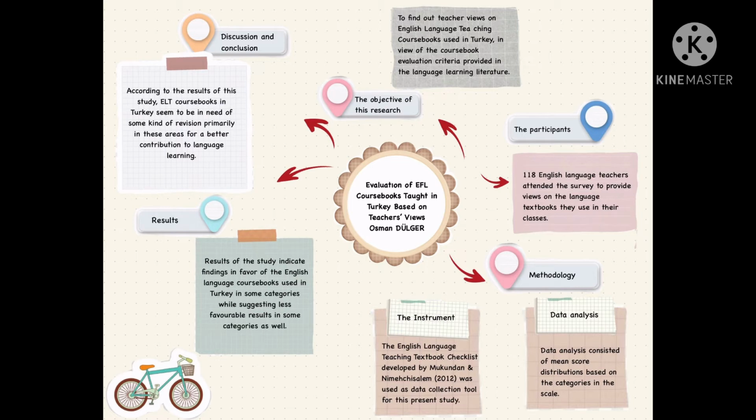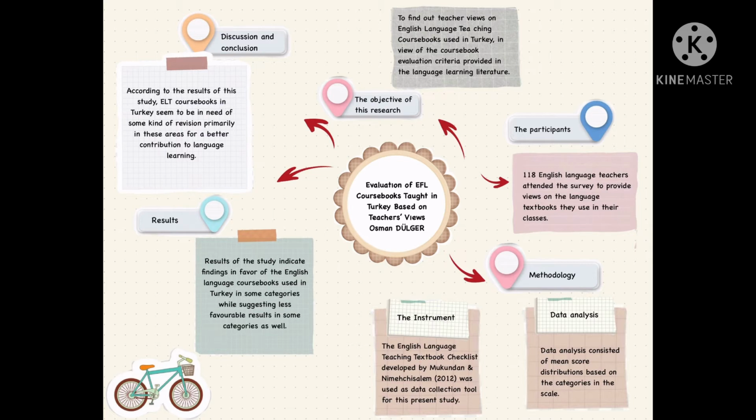The next one is methodology. The current study is a descriptive survey study. The methodology is divided into two categories: the first is the instrument and the second is data analysis.